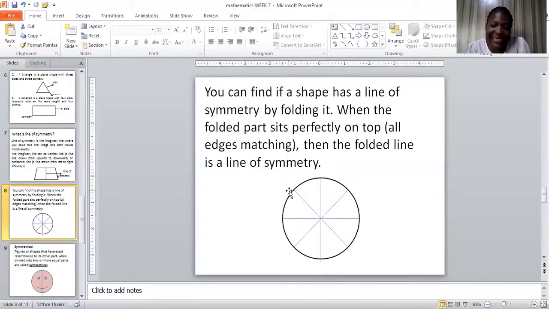Or you can take it in a slant way. The line that divides the image into two equal parts, so that the two halves match perfectly, is a line of symmetry.